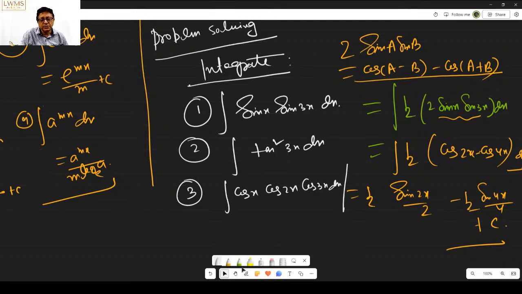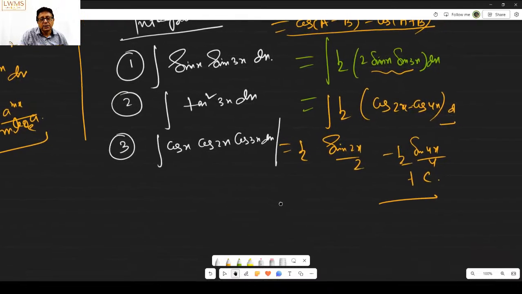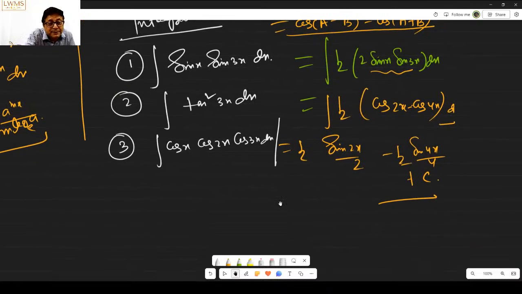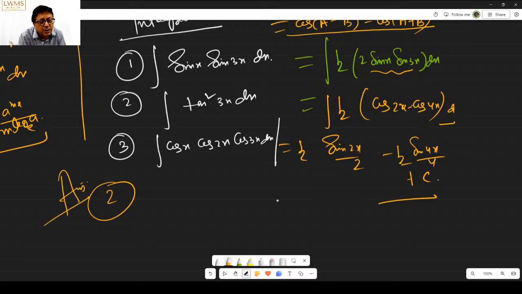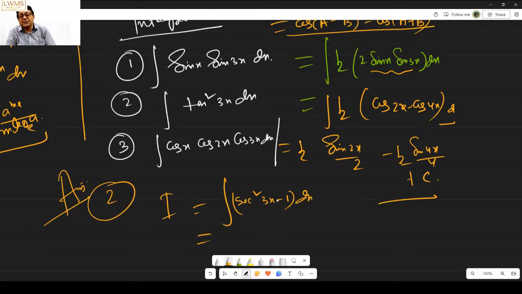We have to depend on trigo formula. So when you are answering number 2, you write this thing I equal to, am I correct? This I have written sec square 3x minus 1.